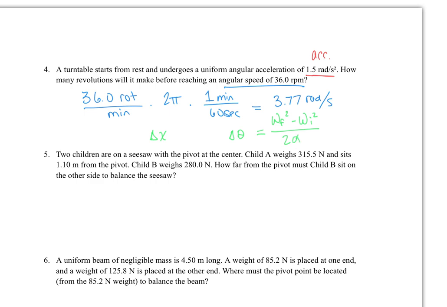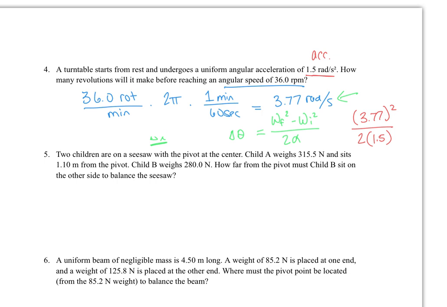That's from the very beginning of the year, but now we're using angular instead of change in x. My final is this guy, that's what I just calculated. My initial was 0, so that's pretty easy. We're going to take 3.77 squared minus 0 over 2 times my acceleration, that's what they gave me at the beginning, 1.5.